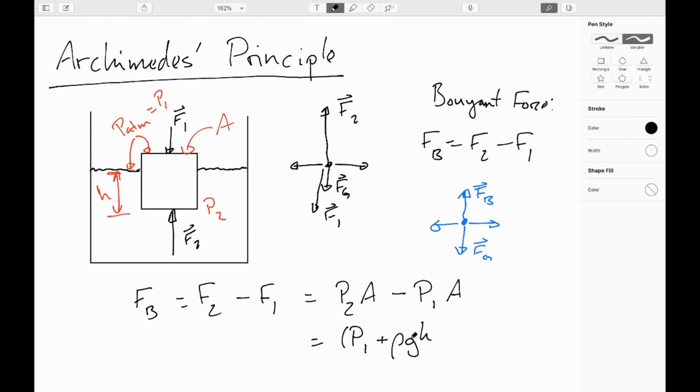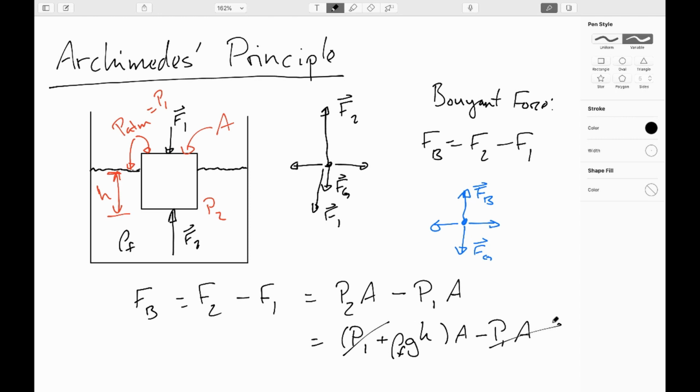And I want to be very, very careful here. I'm going to write rho sub f, just so we're clear that we're talking about the density of the fluid and not of the ice cube. This will be times A minus P1 A. So we can cancel those terms.